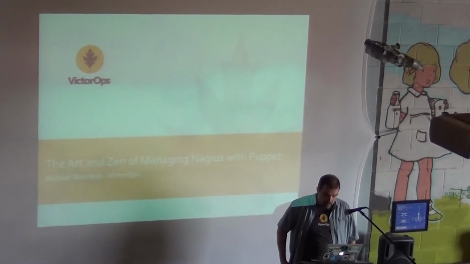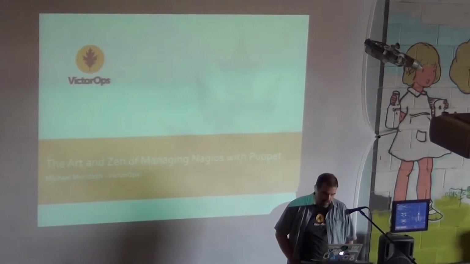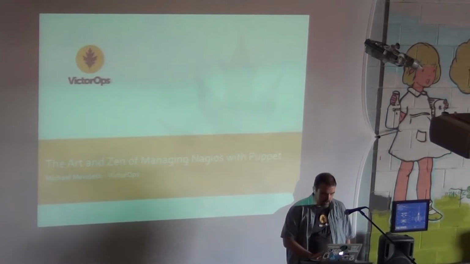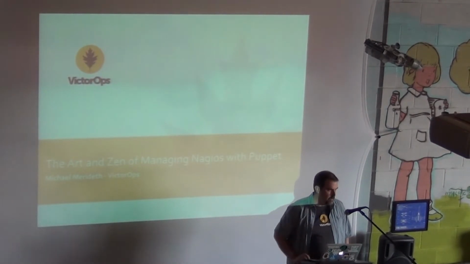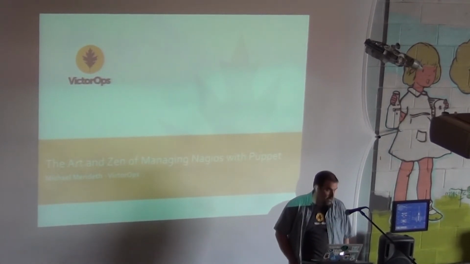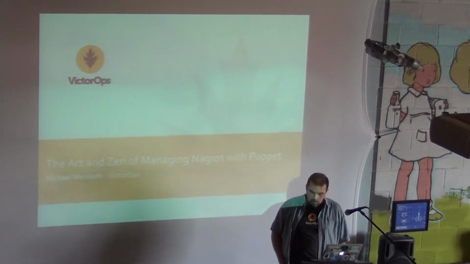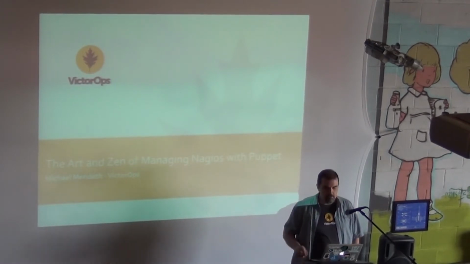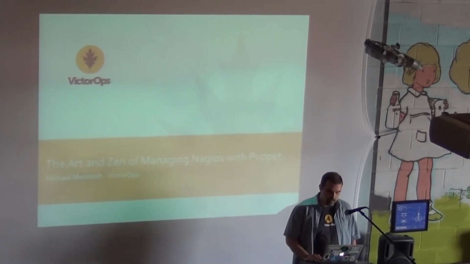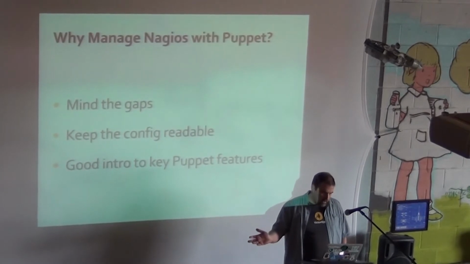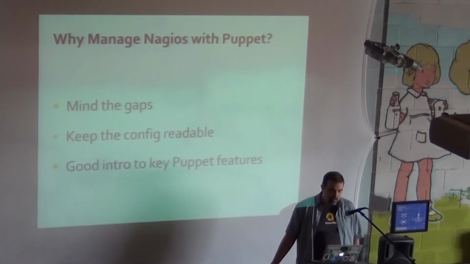So a pretty good number of you, and that's not too surprising. At Victor Ops, Nagios is definitely our most used integration, so not surprised to see lots of you using it. And if you're not using it, don't worry. A lot of the concepts that I'm going to be talking about here can be applied to managing other software as well. So first, let me touch on why you might want to do this.